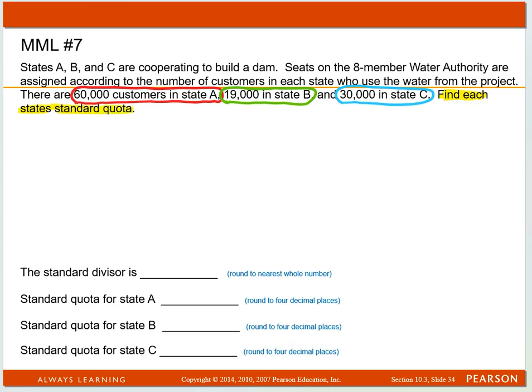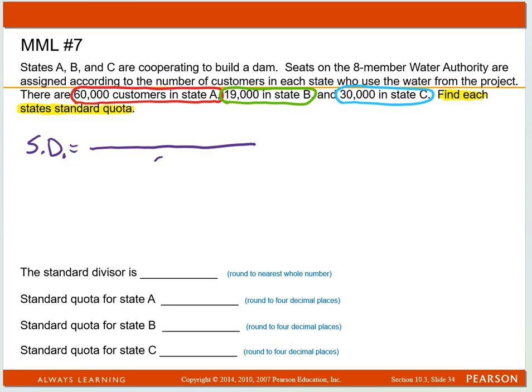Well, you can't find the standard quota without the standard divisor. So you have to first add up, because the standard divisor wants, the SD, the total population. Remember, it's the total population over the number of representatives you're apportioning. In this case, it's seats on an 8-member water authority.